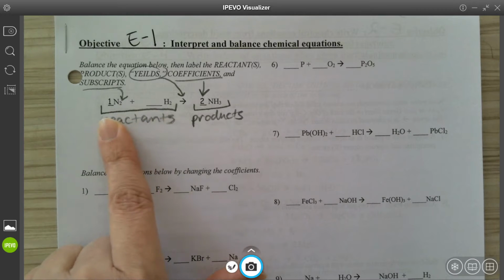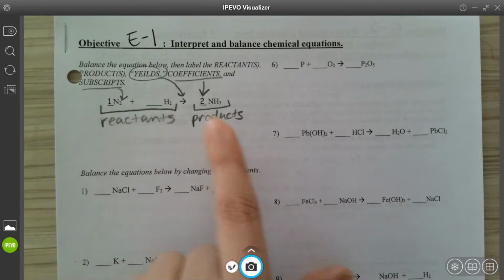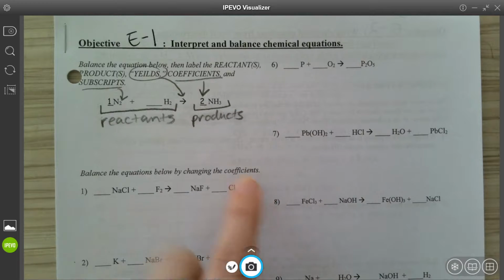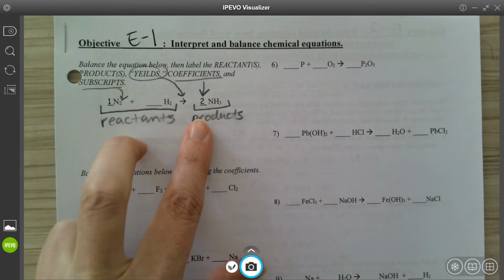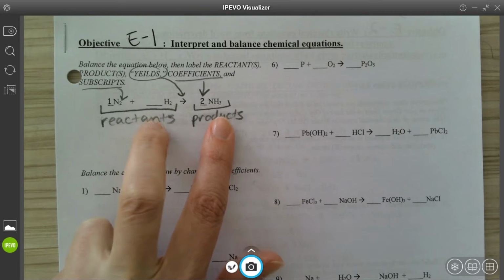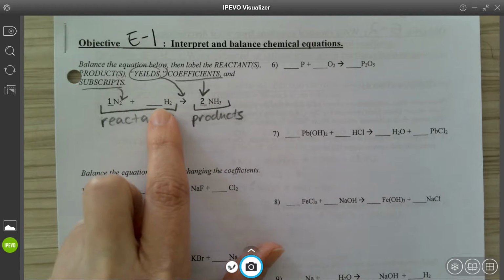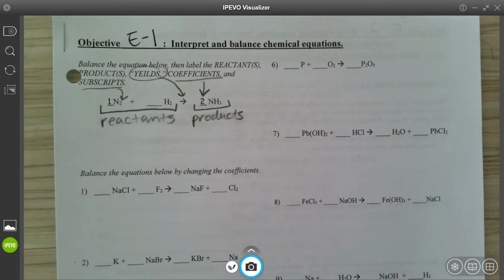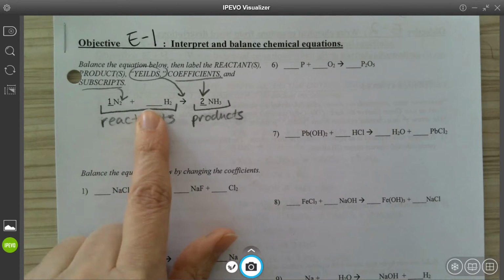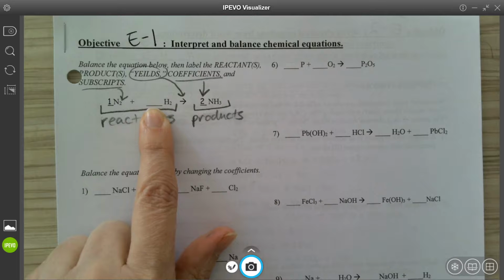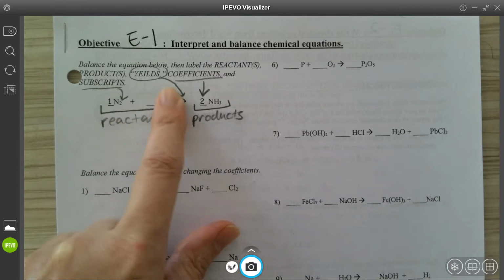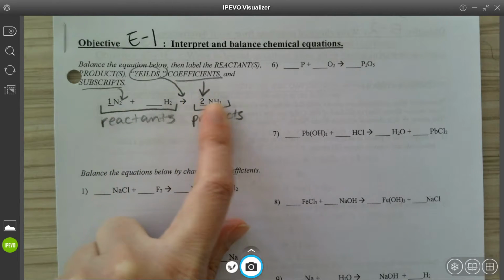The number of hydrogen atoms before the arrow and the number of hydrogen atoms after the arrow is not equal. The nitrogen atoms are equal. This has 2 nitrogens, but the hydrogens are not equal. I want you to figure out what coefficient you would put in that blank to make the hydrogens equal. You can make this coefficient whatever you want, but figure out what you would put in that blank to make the hydrogens before the arrow equal to the number of hydrogens after the arrow.